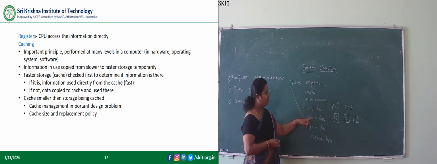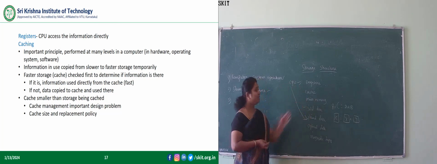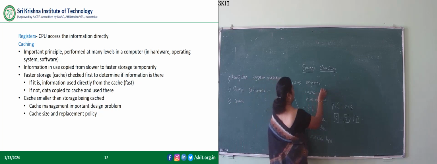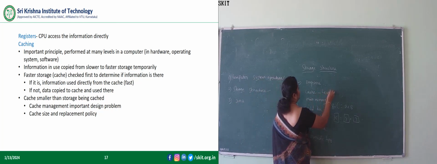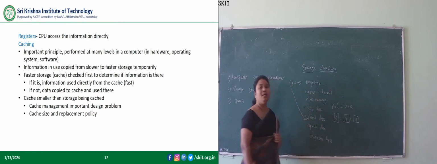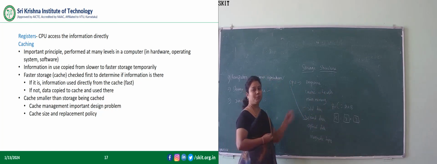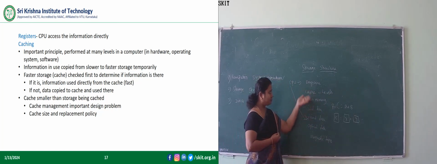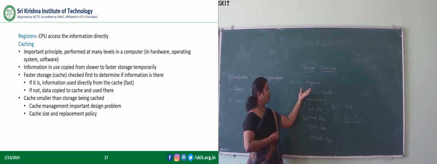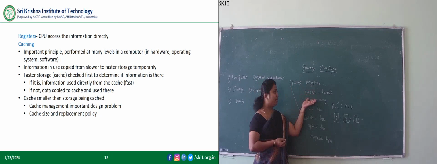To avoid that, the data will be transferred from the hard disk to the main memory. From main memory, it goes to the caches, because different levels of caches will be there. To increase the speed of the performance of the CPU, each cache will have different speeds.